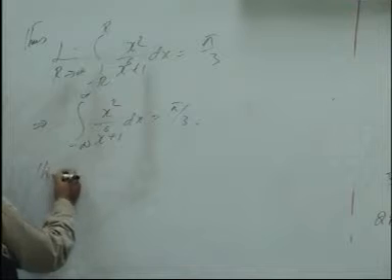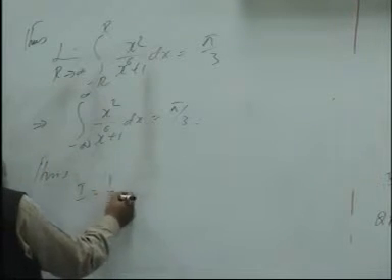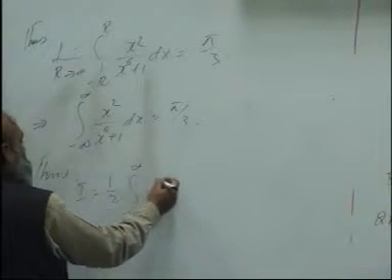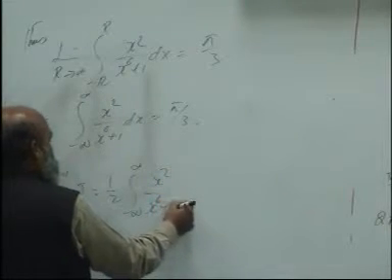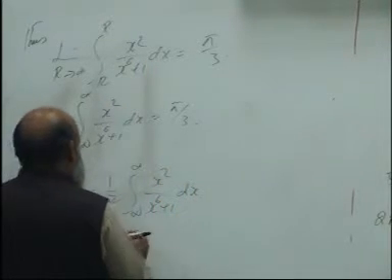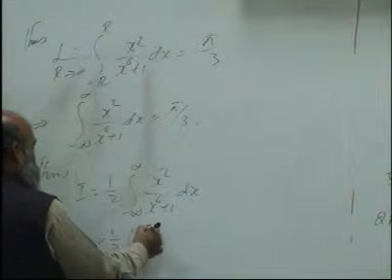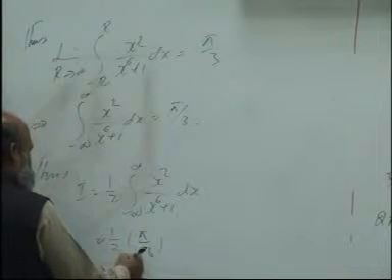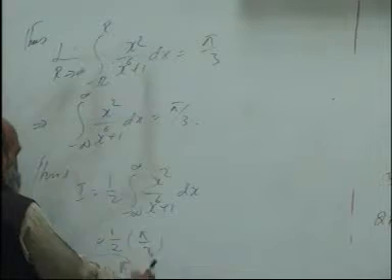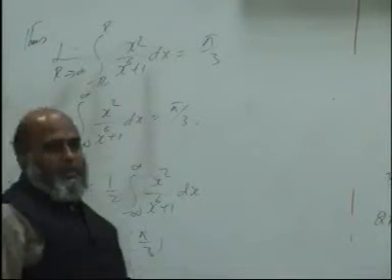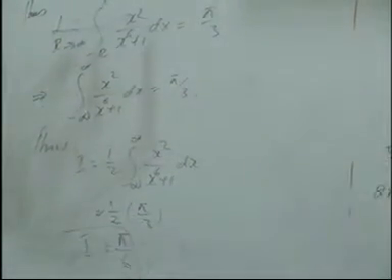Whereas, what is I? I is half of the integral from minus infinity to infinity of x square over x6 plus 1 dx. So it is 1 by 2 into pi by 3, so it is pi by 6. So the value of the given integral is pi by 6.